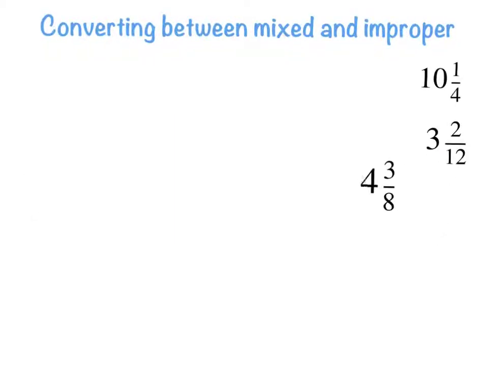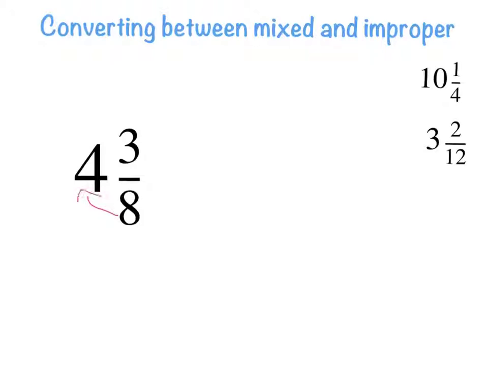So I've already got my mixed numeral and now I need to convert it into an improper fraction. There's a few steps here. First thing I need to do is I multiply my denominator by my whole number. So 8 4s are 32, and then with 32 I then add my numerator.